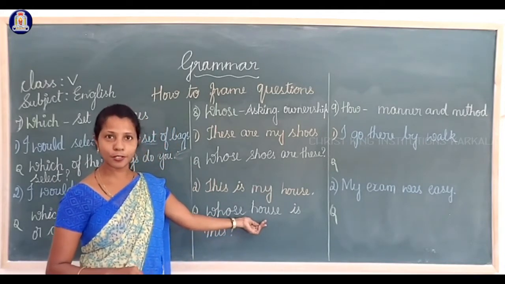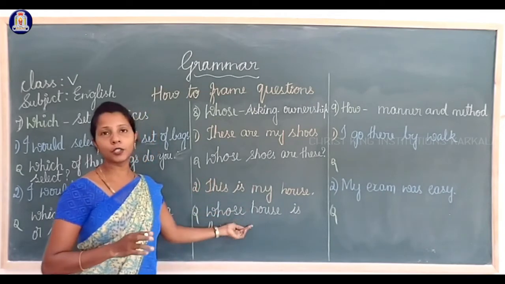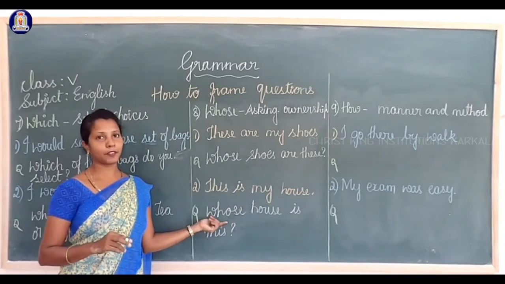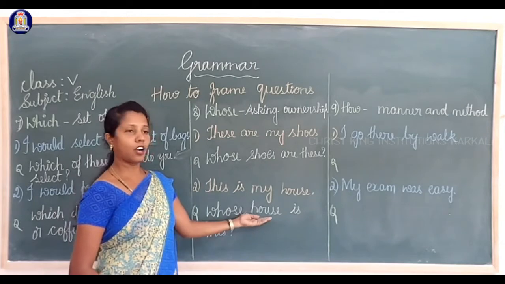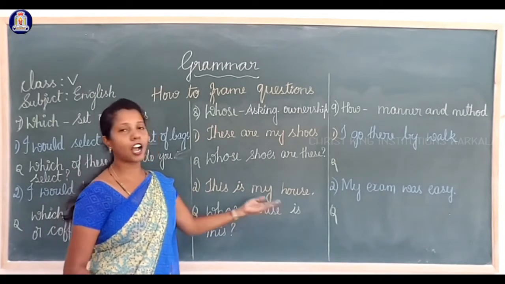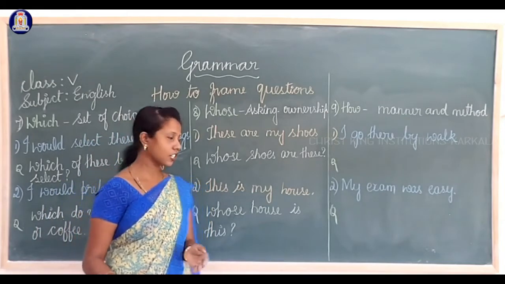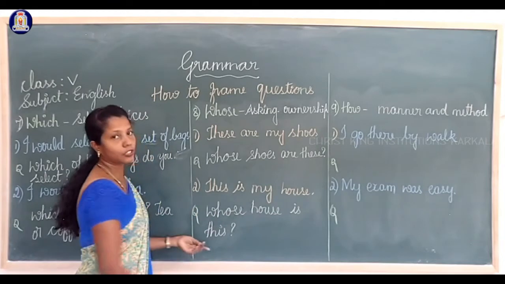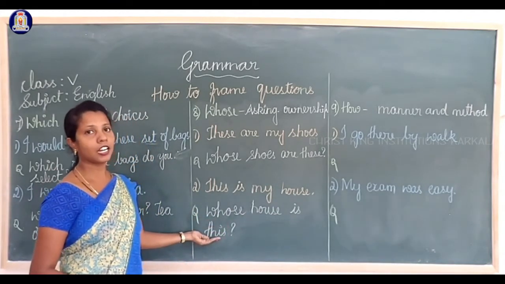We usually ask, this house whose, ending with whose. Instead we have to begin with whose. This house whose is a wrong usage in English. We need to ask, whose house is this? You need to form a question like this.